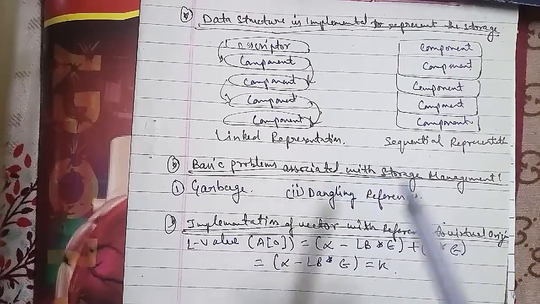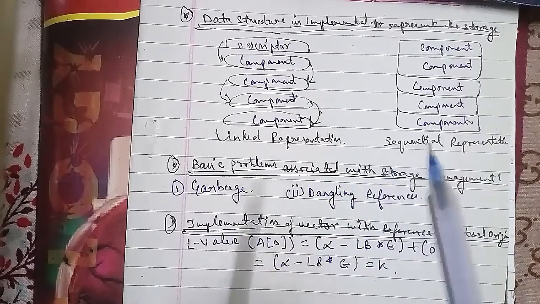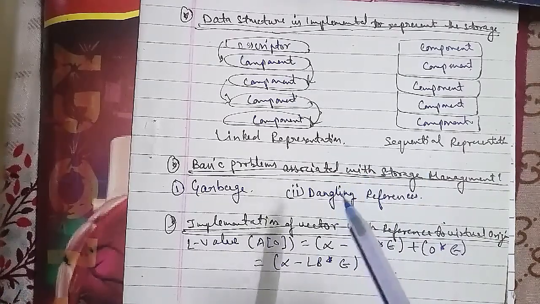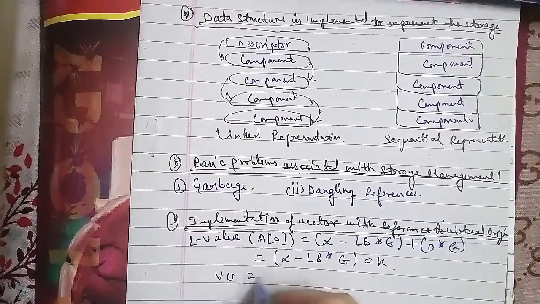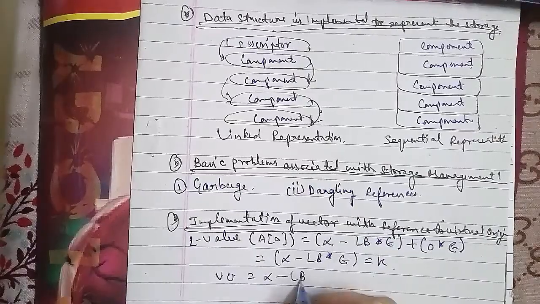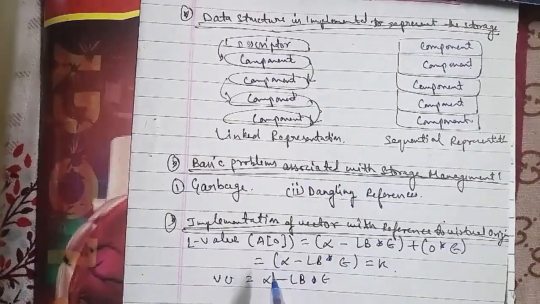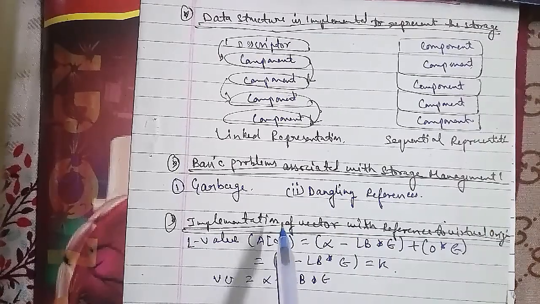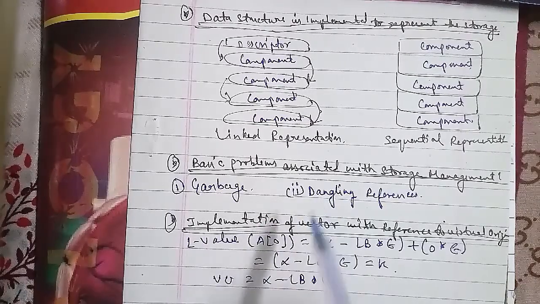Then we compute the virtual origin, which is represented in the form alpha minus lb times e. On accessing a vector component, the L value of the component A of I is computed, and that is represented in the form VO plus I times e.